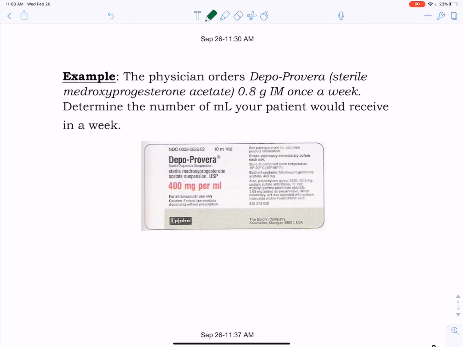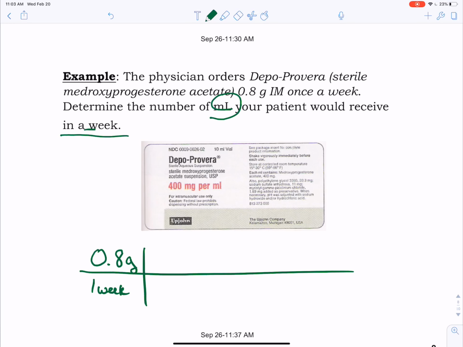If I look at this one, the physician orders a drug, 0.8 grams IM, so intramuscular, once a week. Determine the number of milliliters your patient would receive in a week. So if I look at that rate from the order, I'm getting 0.8 grams every 1 week. I want milliliters in a week.